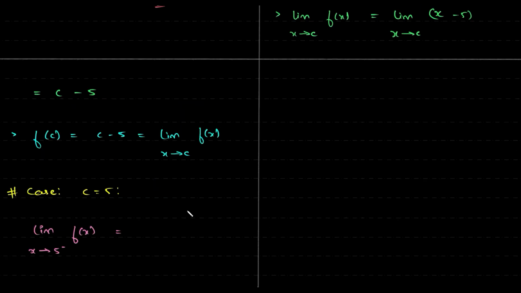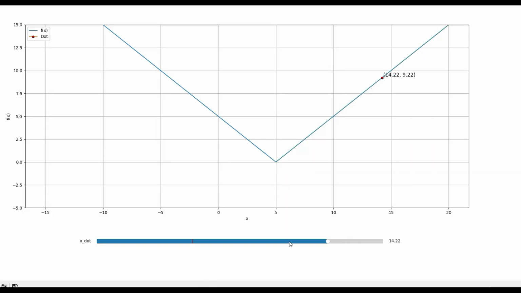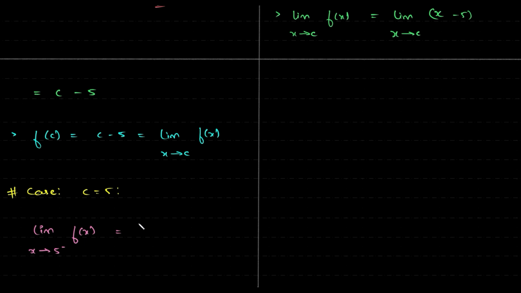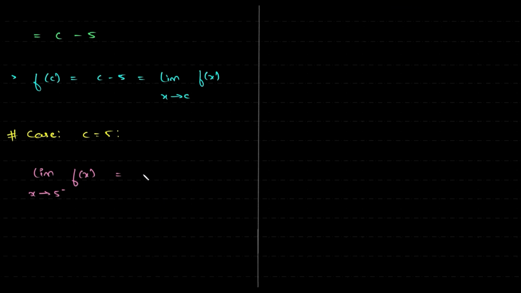So on the left hand side we have a different expression, right? So over here the expression is different, that we need to make a note of. Minus of x minus 5, limit minus of x minus 5, x tending to 5 from the left hand side, the left hand limit. So on substitution we will get 5 minus 5, which is equal to 0. Direct substitution.